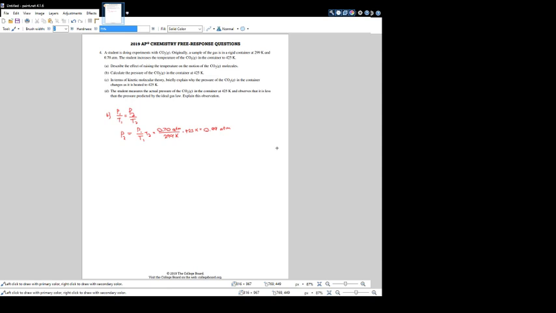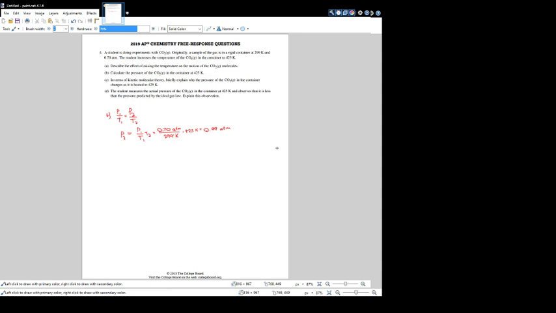So, like stated in part A, raising the temperature increases the average speed of the CO2 molecules, right? So if they're approaching the walls of the container with a greater speed, they're hitting the walls of the container with a greater average force. And pressure is force per area, right?